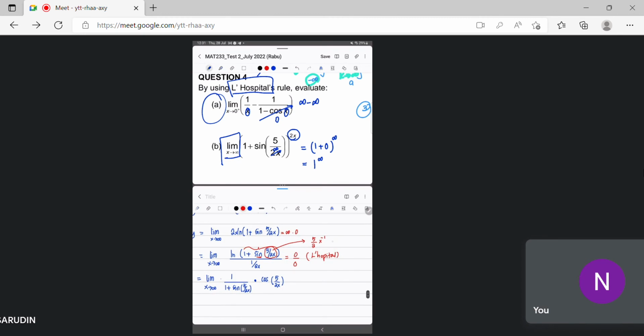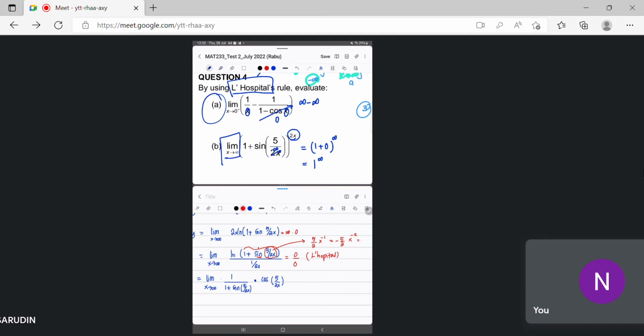Okay. So bila kita differentiate, okay, 5 over 2 is a constant kan? So differentiate x minus 1, so kita akan dapat x negative 2. Sebab ni differentiate, so turunkan power dulu dan baru minus 1 dia punya power. So kita akan dapat negative 5 over 2 x power of negative 2.